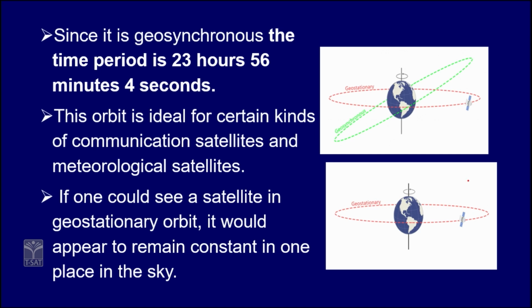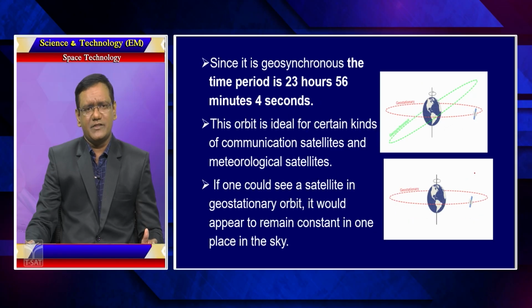This orbit is ideal for certain kinds of communication satellites or meteorological satellites. If we want to have communication, the satellite will take the signal from the Earth and then send the signal to the Earth again. For this sort of function, it should appear constant from the Earth.